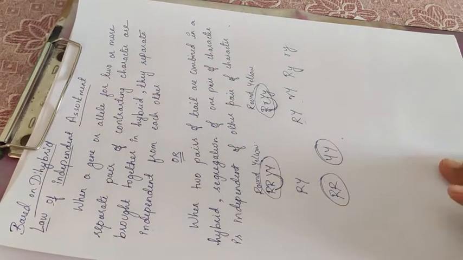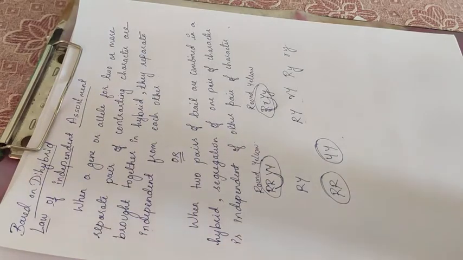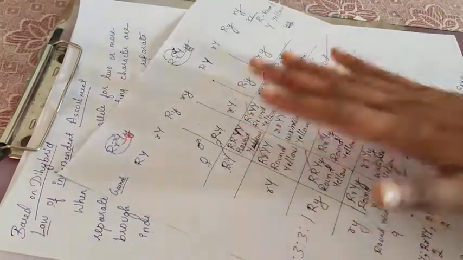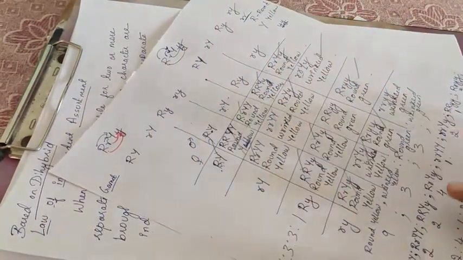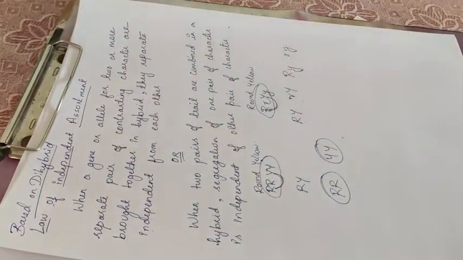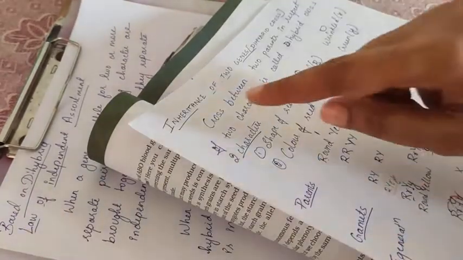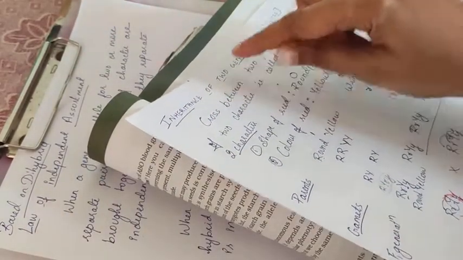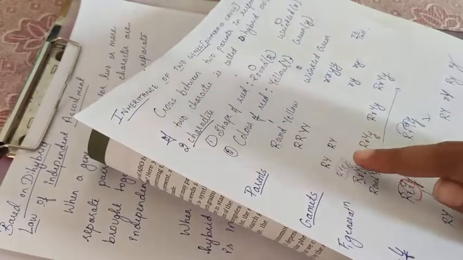Clear? The dihybrid cross can be asked for 5 marks. So it is very important for you to practice this board, the Punnett checkerboard, along with the phenotypic and genotypic ratios. When they ask, you need to begin with the definition, saying what a dihybrid cross is, and mention the parents taken and the gametes formed.